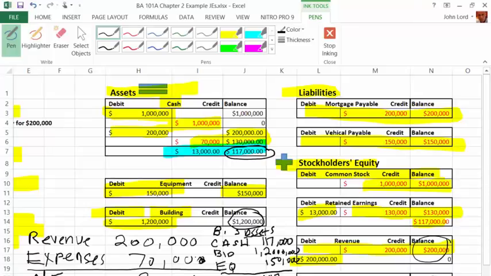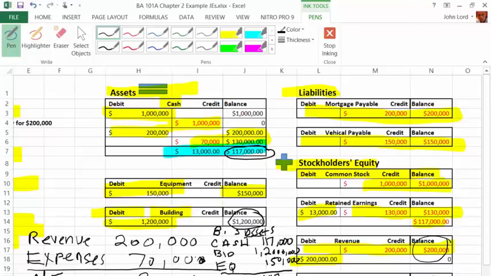So we got 1,467,000. And now we can go ahead with what? Our liabilities? We're done with our assets. Let's pick up our liabilities. And we have what? The mortgage payable? Is that a liability? I'm just going to call that MP since we're making a mess up here. That's 200,000. Anything else?